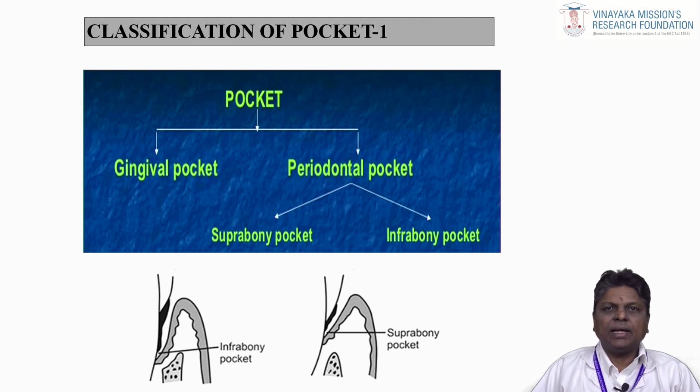But in the case of the pseudo pocket, we can see it due to gingival enlargement. Enlargement can be caused by acute or chronic gingivitis, or by some systemic diseases, such as leukemic gingival enlargement, vitamin C deficiency, scorbutic gingival enlargement, and also drug-induced enlargement like phenytoin sodium and other drugs.